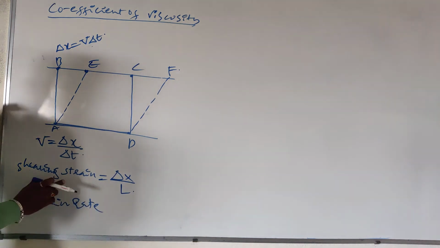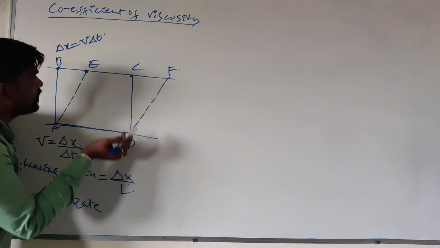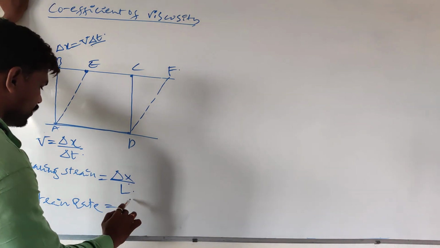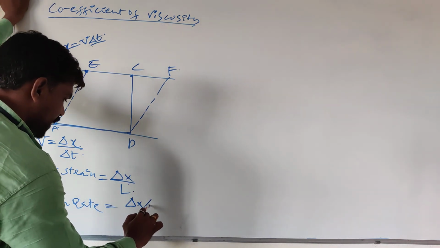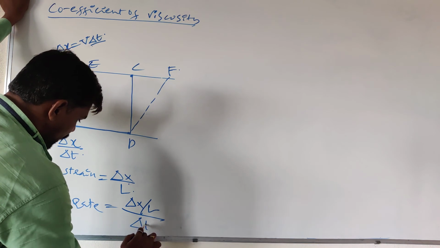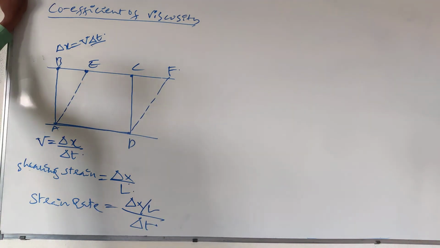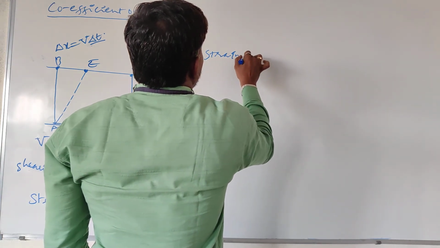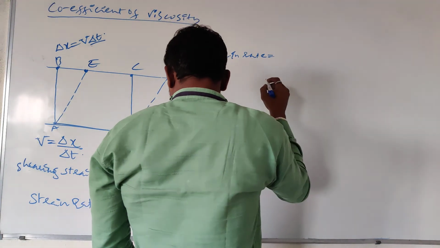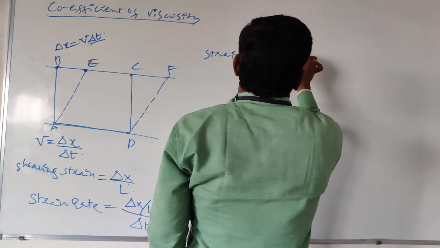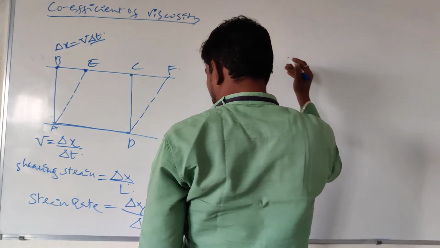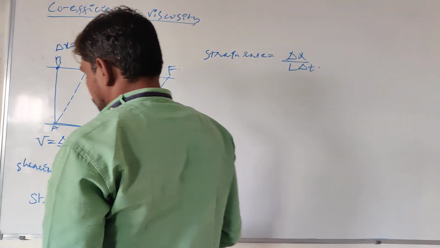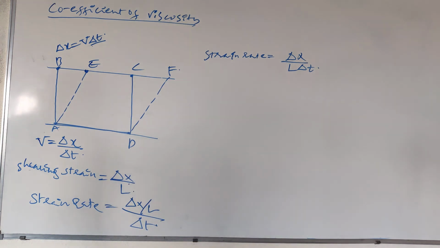So strain will change with time. So strain rate is equal to del x divided by L divided by del t. So then this is said, strain rate is equal to delta x divided by L into delta t.